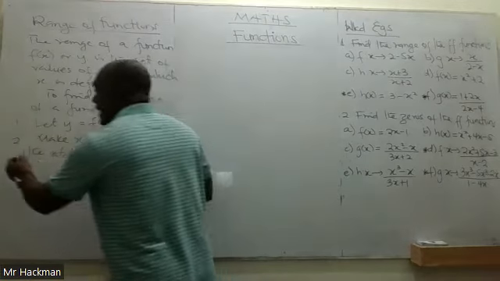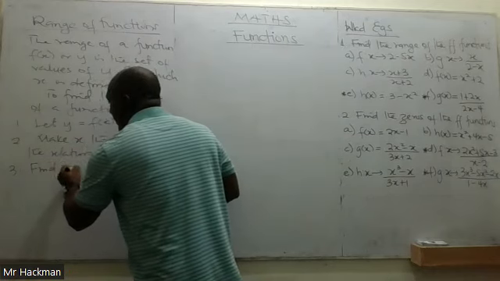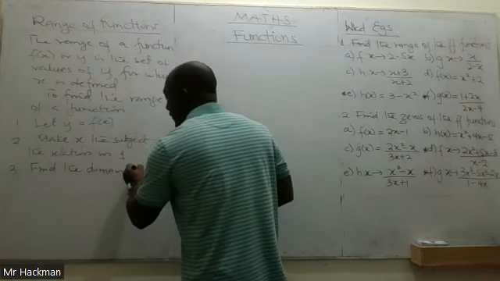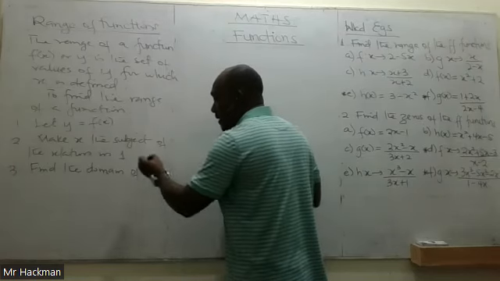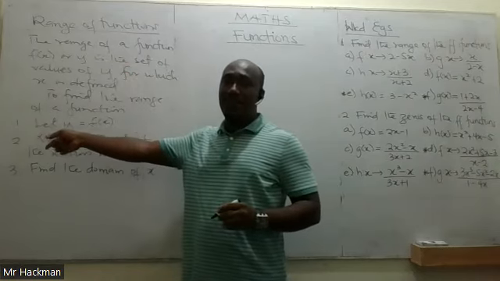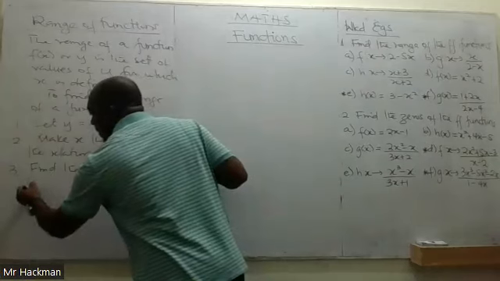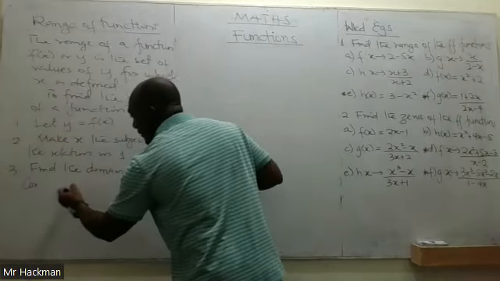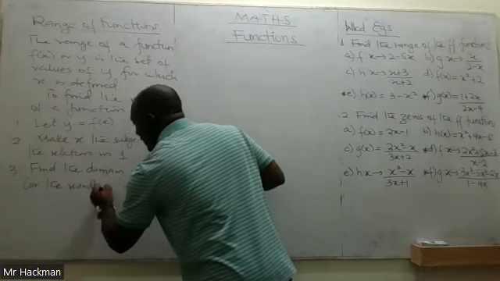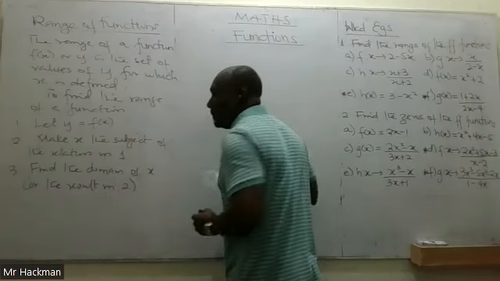So step 3: find the domain of your x. It means now your function will be in terms of x. Or let me put it this way: find the domain of the result in step 2.